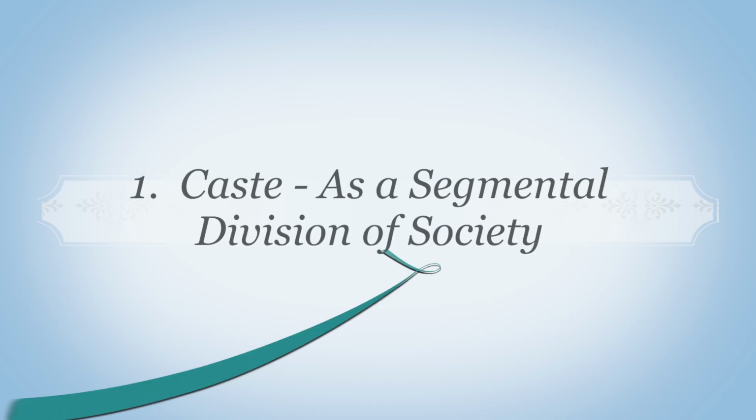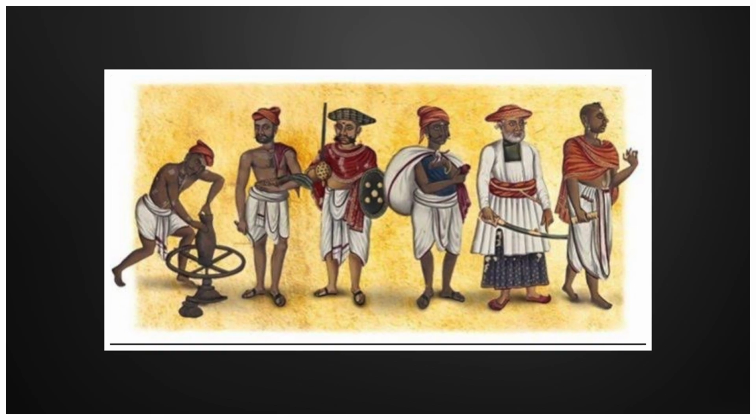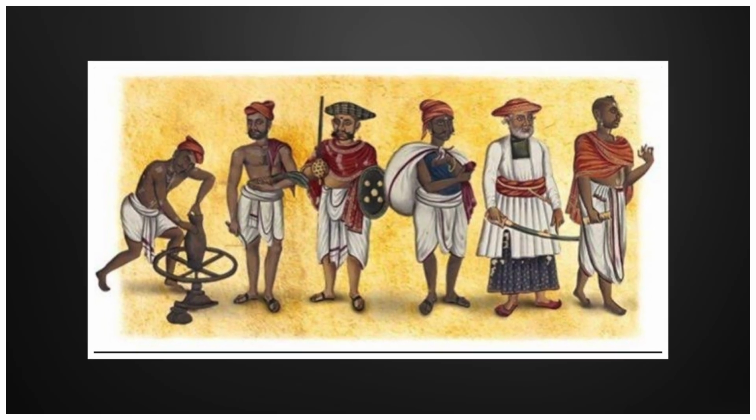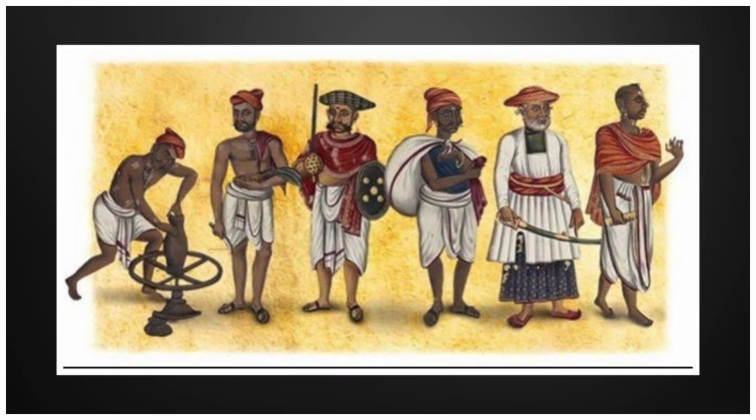Number 1, caste as a segmental division of society. The Hindu society is a caste-ridden society. It is divided into a number of segments called castes. It is not a homogeneous society. Castes are groups with a well-defined boundary of their own.